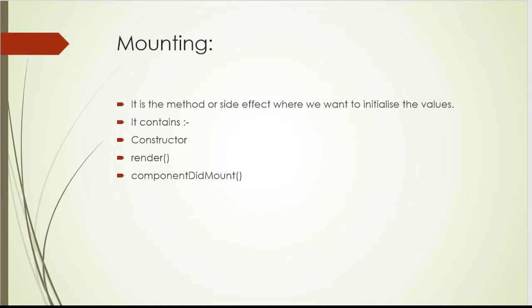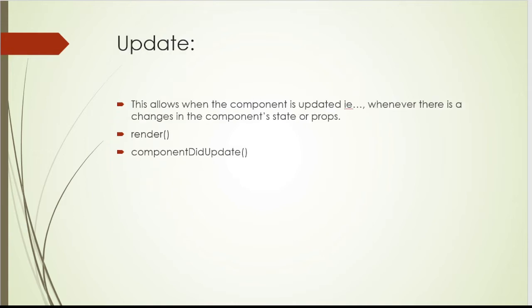Then componentDidMount is used to initialize the values. We declare the initializations in componentDidMount, and it is executed after the render method. Then componentDidUpdate: render always executes in a class-level component, and componentDidUpdate is executed if any changes happen in the component's props or state.